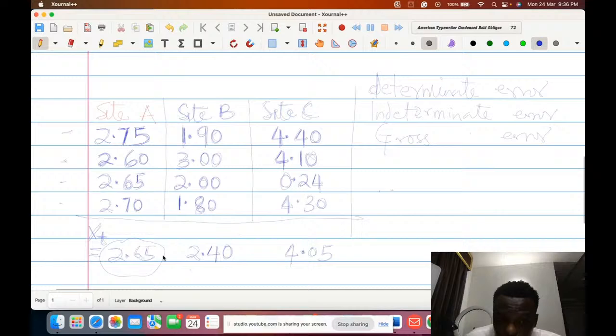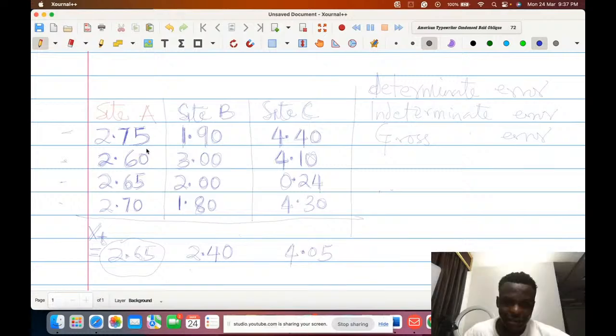So therefore, if I'm to comment on the type of error that is possible in site A, I would say that determinate error is actually found in site A. Why? Because there is a closeness of the measured values to the true value.